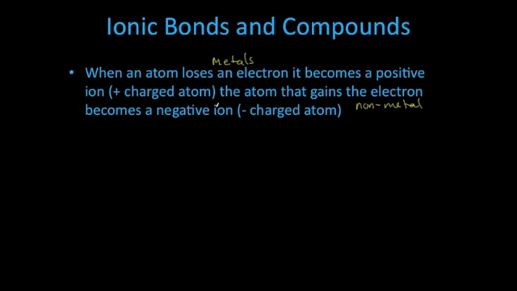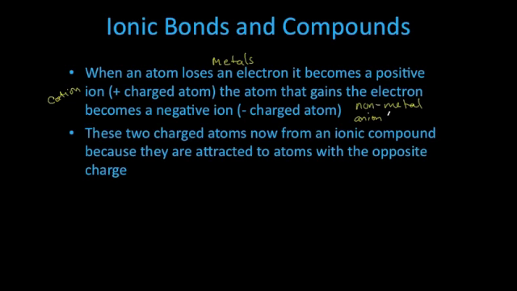The metals become what we call cations, C-A-T-I-O-N, and nonmetals become what we call anions, negatively charged ions.